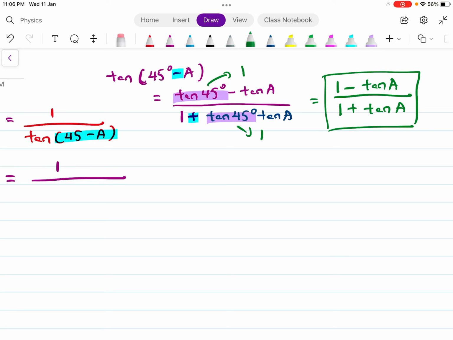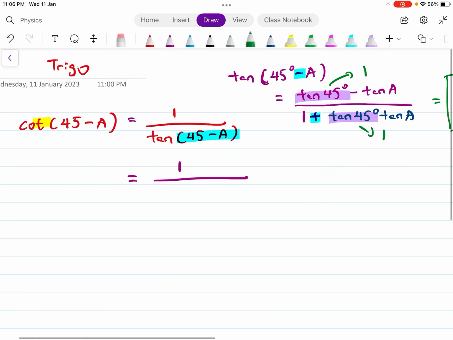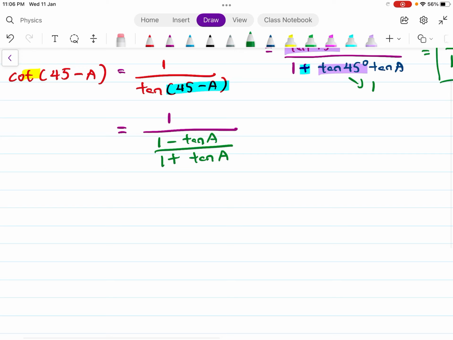Okay, so next I simply put everything inside the green box here. So I write 1 minus tan A, then over 1 plus tan A. Next, you need to manipulate it to make it nicer.